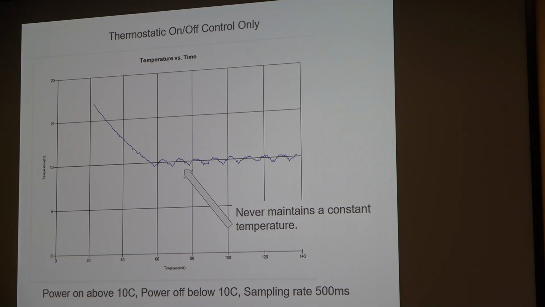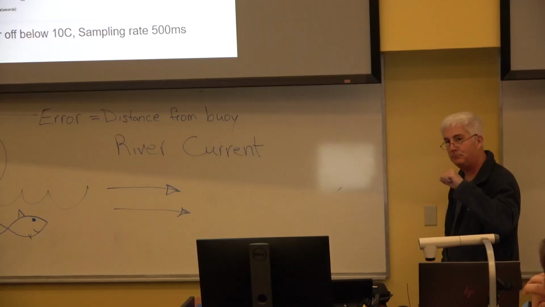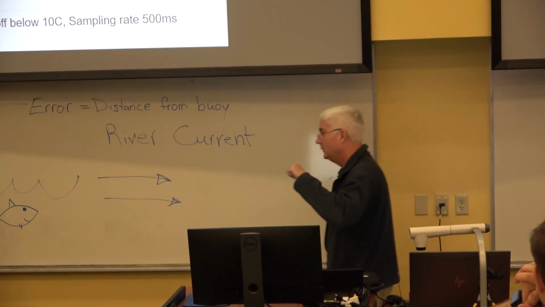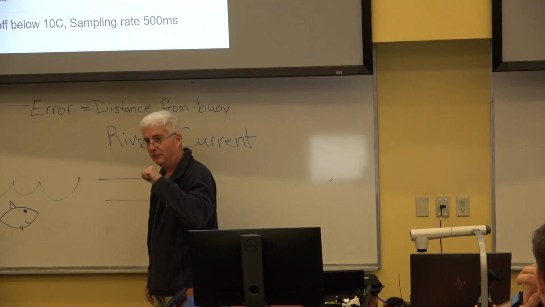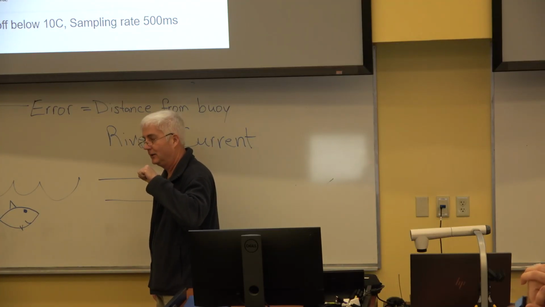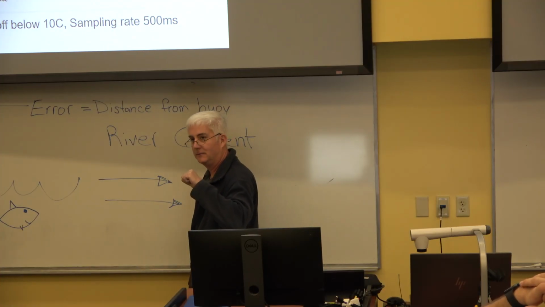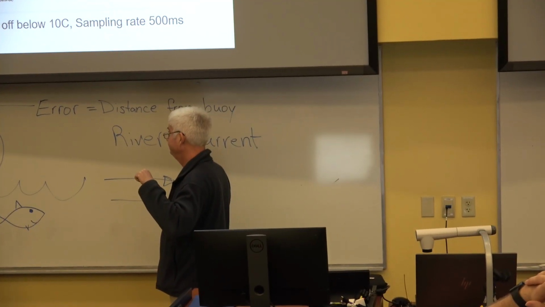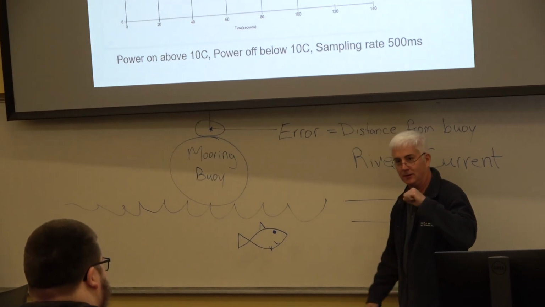That's great, but I'm getting closer, and I'm going to make my throttle setting proportional to the error in distance. So I keep pulling the throttle back, and I keep pulling the throttle back. Eventually I don't have enough throttle on, and all I can do is match the river current. I'm reaching out for my buoy, and I never get there.